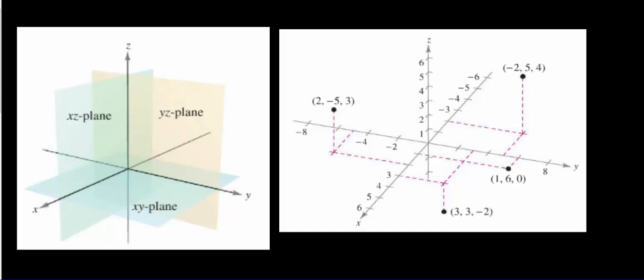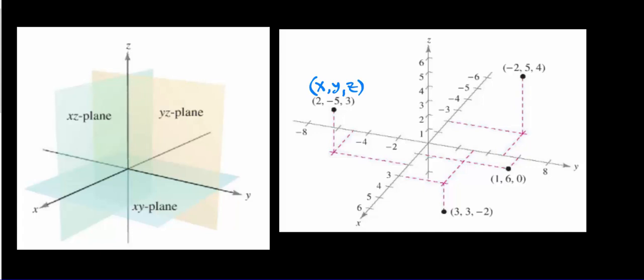Well, we did have ordered pairs. Now we have ordered triples. See, consider this point (2, -5, 3). We have x, y is the -5, and z is the 3. So we have the x, y, and the z. And if you look at that, how would we plot this point?